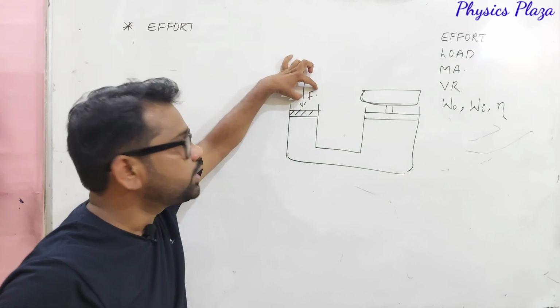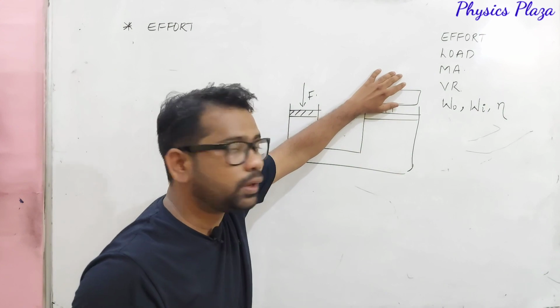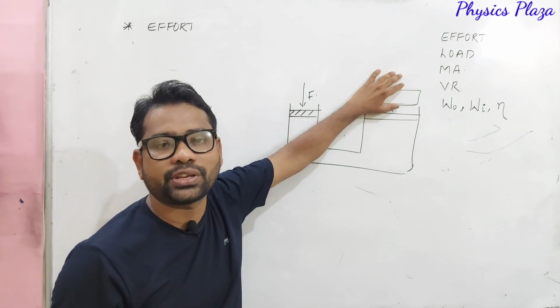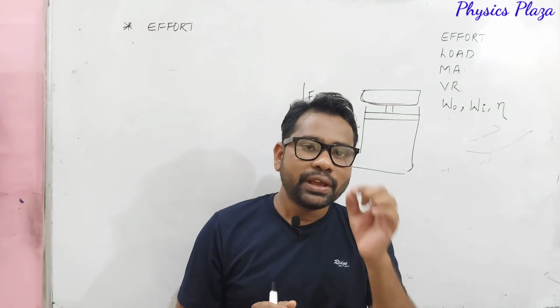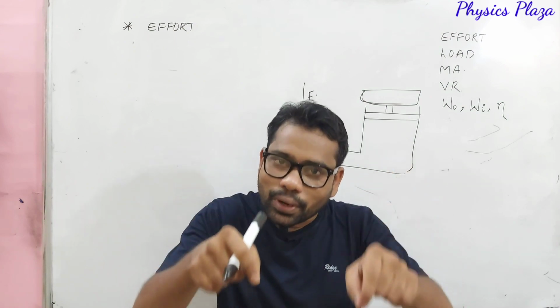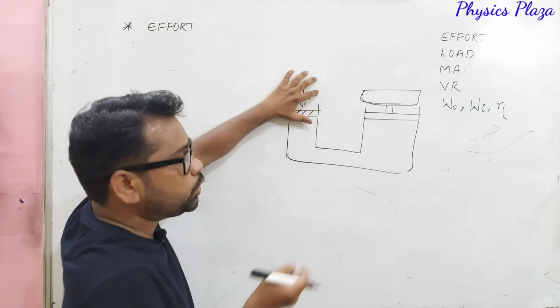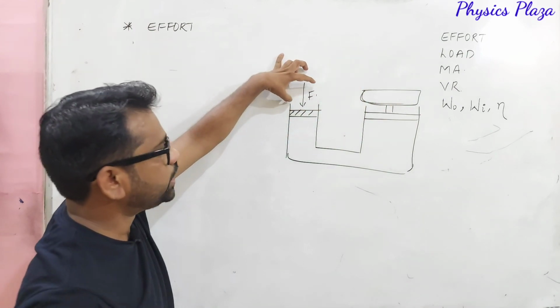So the force applied on the machine to overcome this load is called effort. Very, very important, children. Effort is nothing but the force which we are applying on the machine to overcome this resistive force.